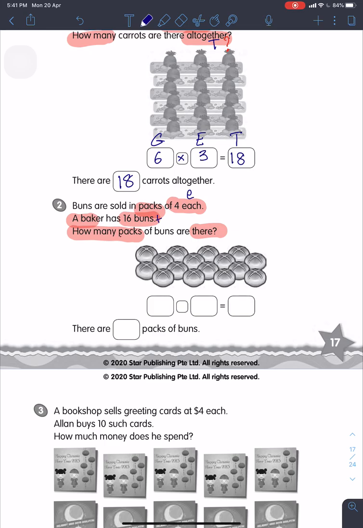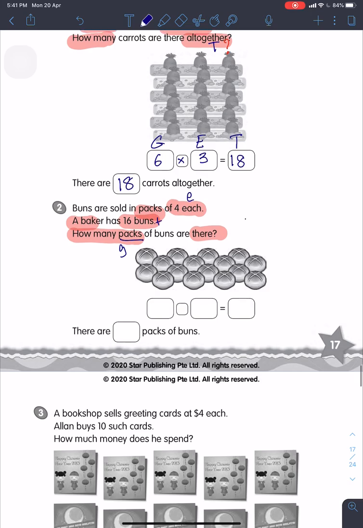How many packs? So the packs would talk about the group itself. Now we know what the total is and we know how many are there in each pack. So to find the number of packs, or the number of groups, we do a division.